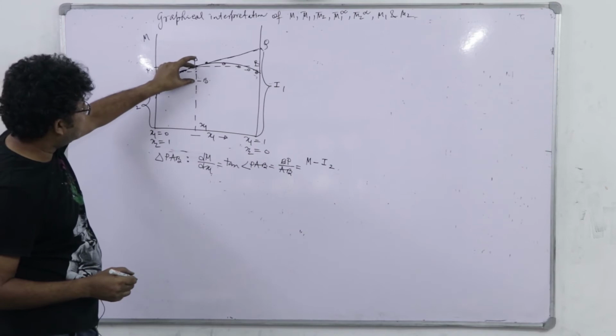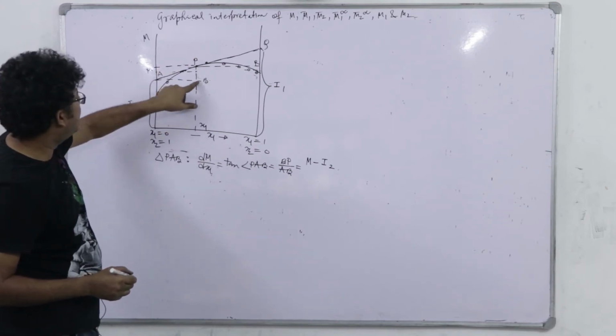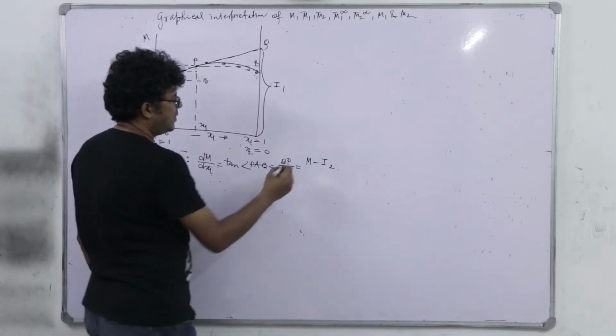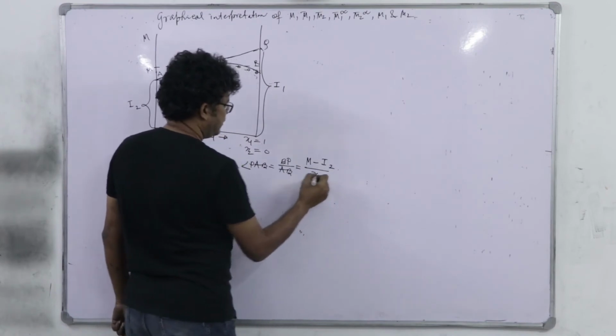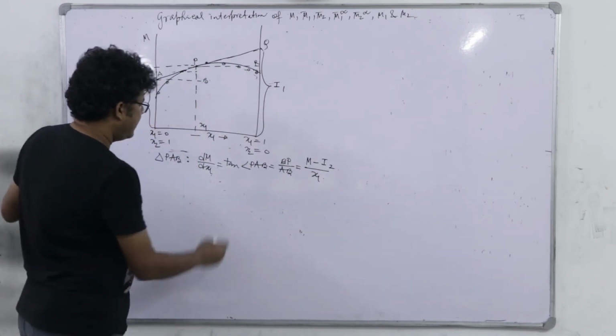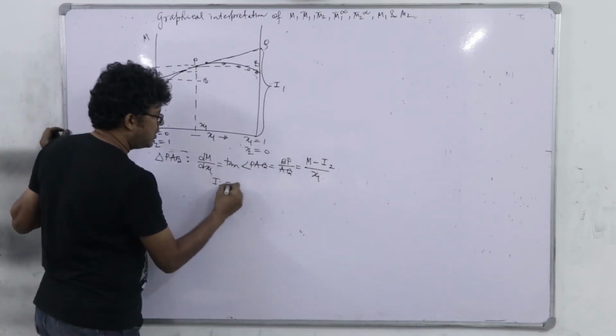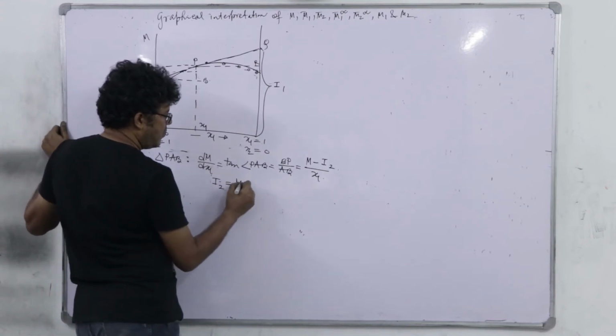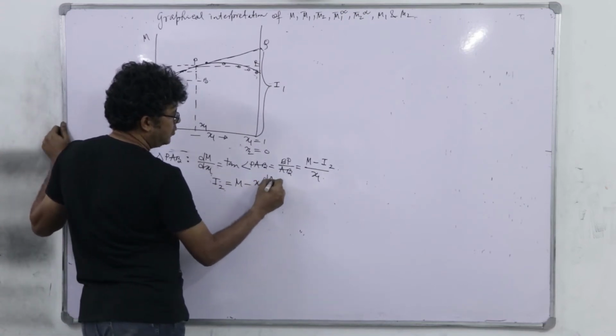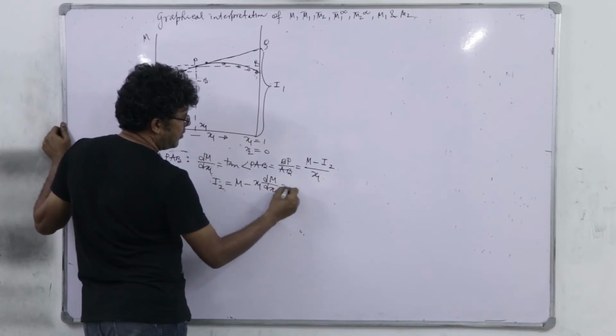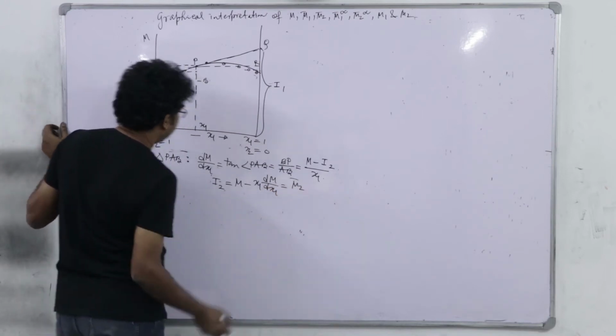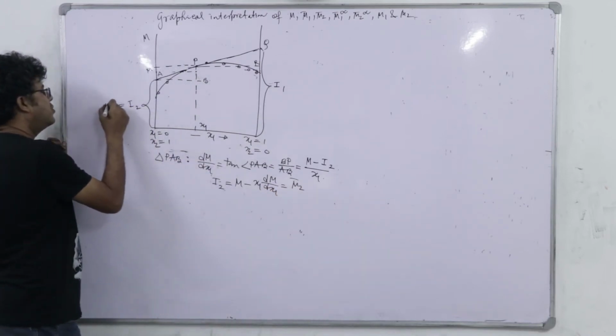So, M minus I2 is this much, and AB is x1. So, we write x1. So, I2 is M minus x1 into dM dx1, and from our analytical calculation this is M2 bar. So, I2 is M2 bar.